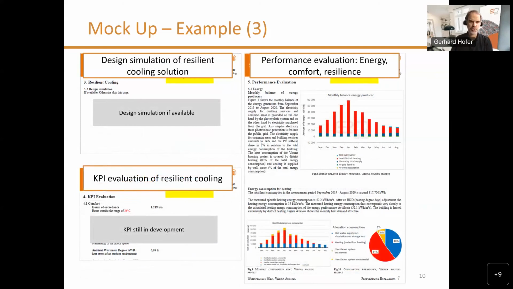Now on pages 5 and 6, we have design simulation. If a design simulation was implemented in this project, this could be added, and the KPI evaluation is on the next page. We are still in discussion about this list of KPIs for resilient cooling. Therefore, I cannot present a specific proposal on that now. And on the following pages, 7, 8, and 9, I think, we present results from the implemented and realized monitoring of the building.